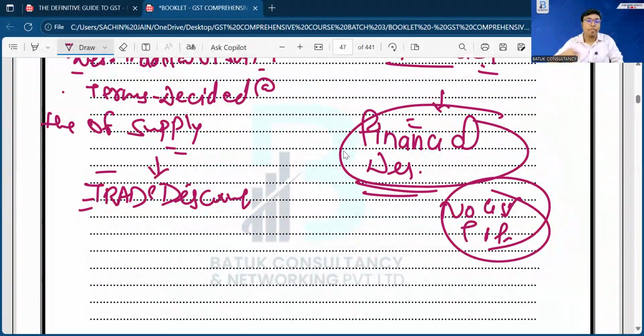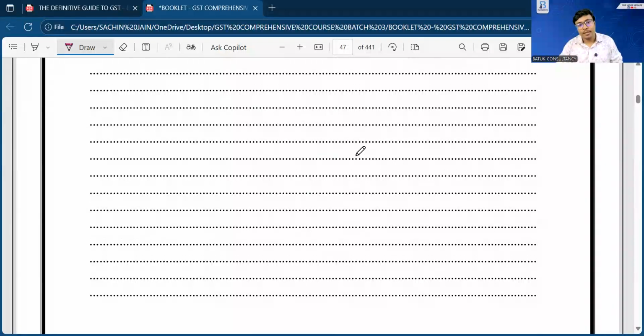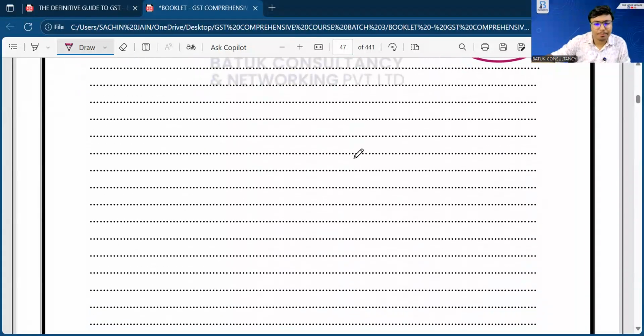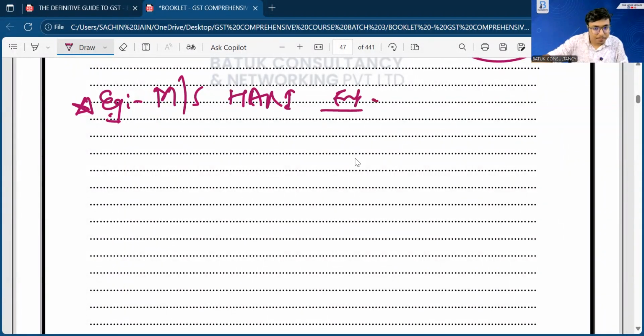Yes, definitely. So, first scenario, Messrs Hari Enterprises has made one sale of one computer.